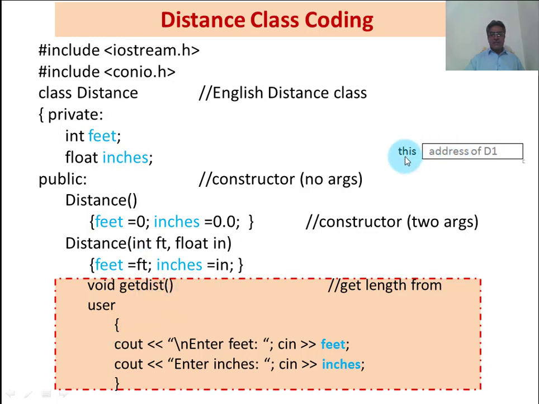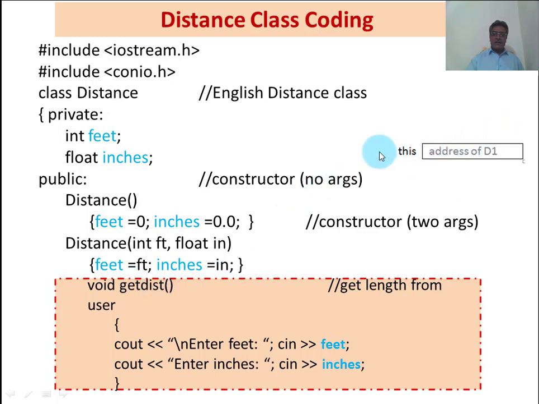So this operator, we have discussed in lecture number 9, that each and every class contains an implicit parameter named this, and the memory of this contains the address of the object that calls the function of that specific class. So d1 is activating the getDist function.